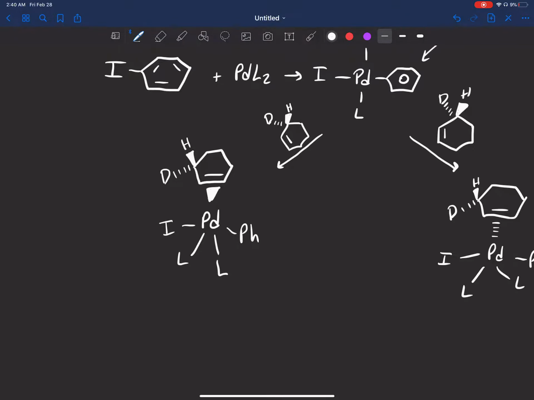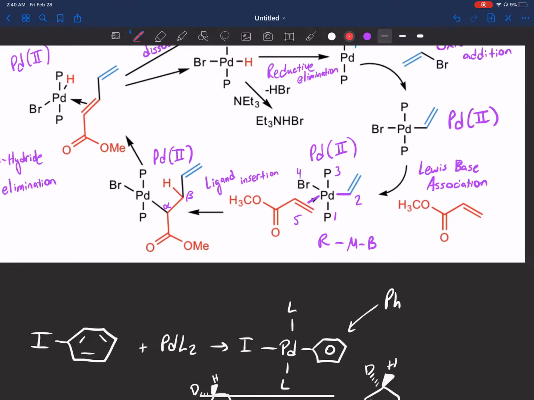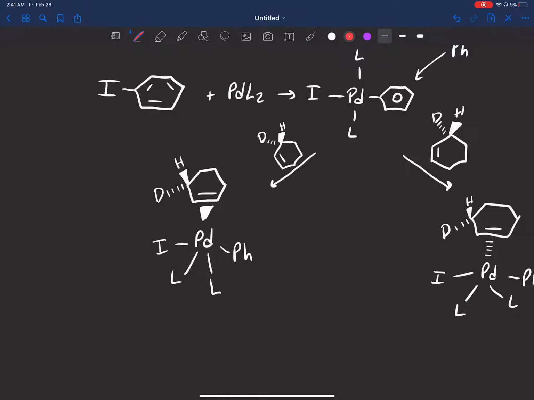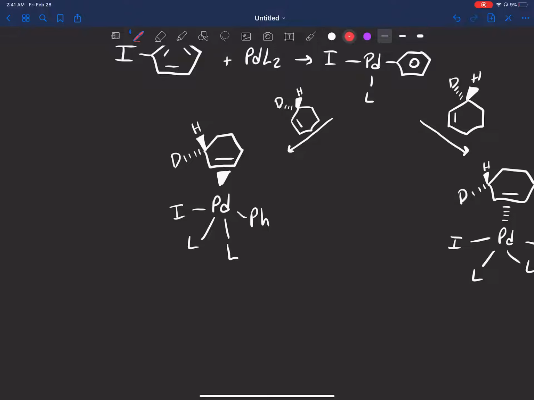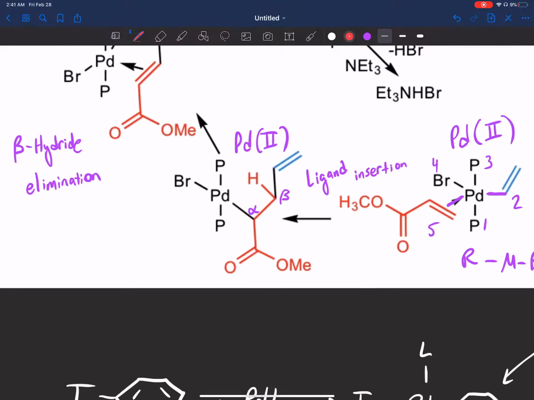So the next step of the Heck cycle is that insertion. We have to do our ligand insertion, and we can insert it one of two ways. I can take our metal and bind it instead of the alkene. Because if you see it, the metal has to now bind to a carbon.